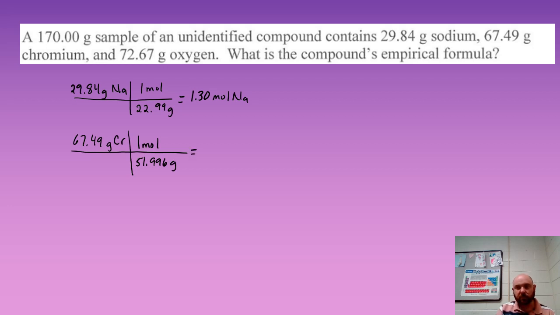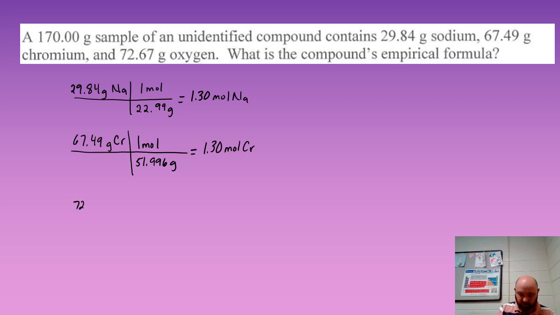And so I can see the conversion there says to do 67.49 divided by 51.996. And that also gives me about 1.3 moles of chromium.